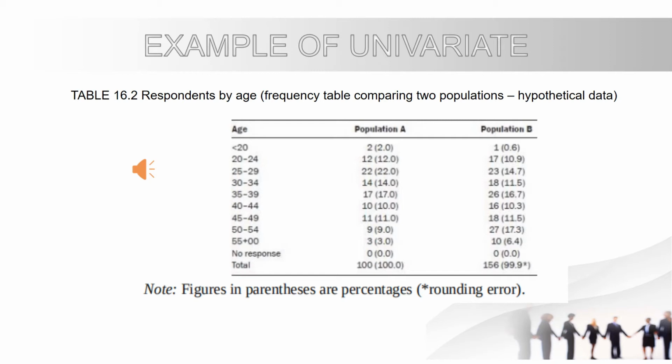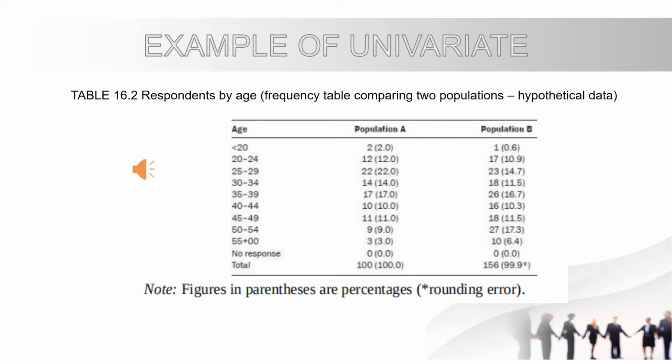In table 16.2, you have your respondents by age, a frequency table comparing two populations, with hypothetical data. Figures in parentheses are percentages, so there may be rounding error. Again, you have here the respondents by age.